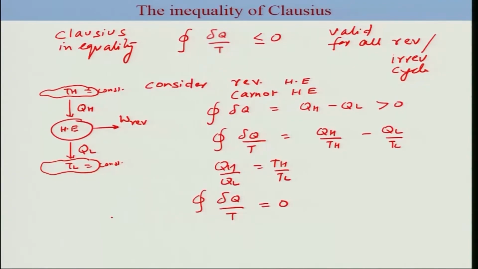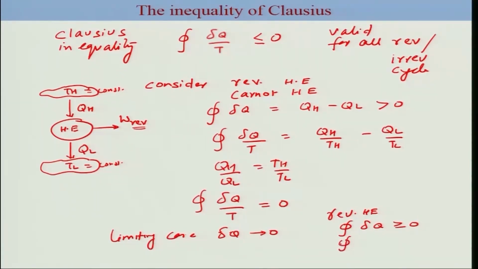Now consider a limiting case when W reversible approaches 0, or in other words TH approaches TL. In that limiting case, this will approach 0. So for a reversible heat engine, this expression is greater than as well as equal to 0, because this condition will arrive when TH approaches TL, or in other words your work output is 0.